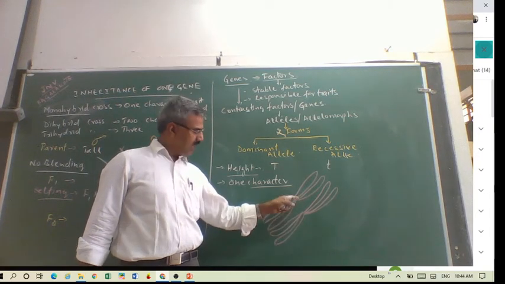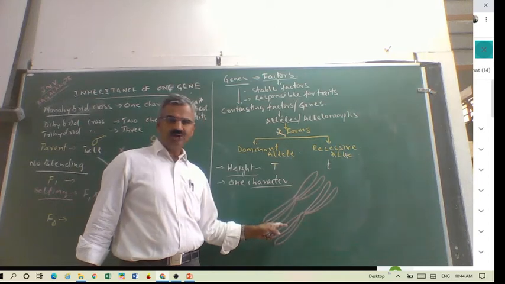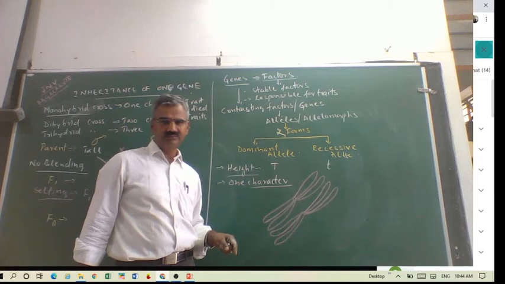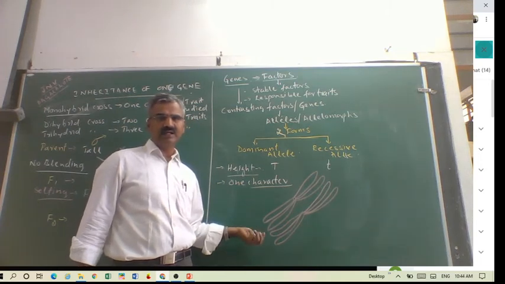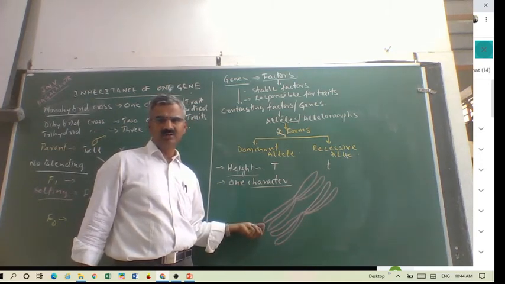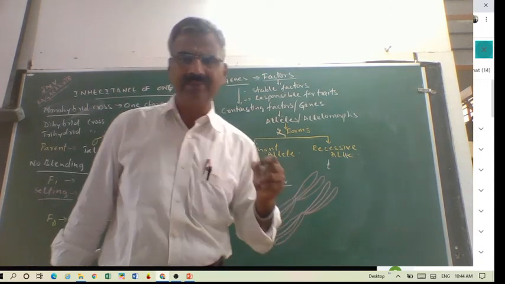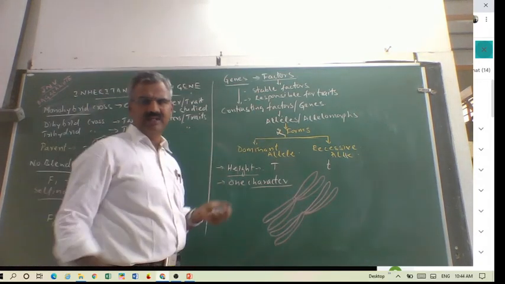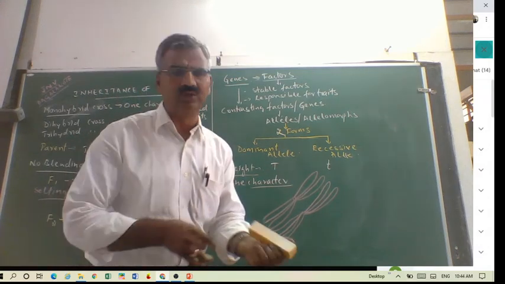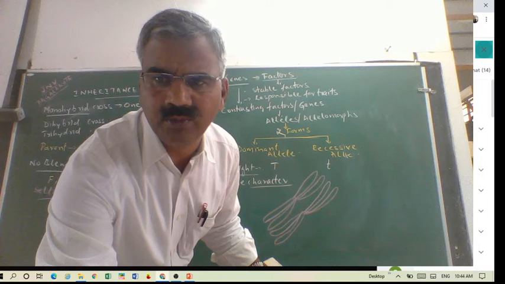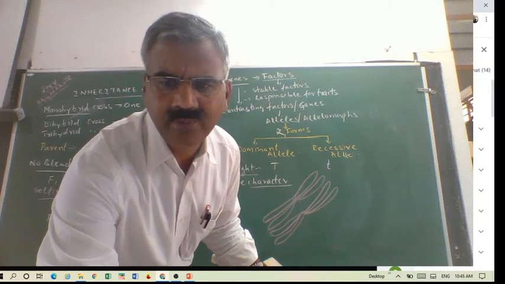Okay. And in this, so do they look alike? How do they look here? They look alike. They look same. And such chromosomes, what do you call such chromosomes which are looking alike or same?